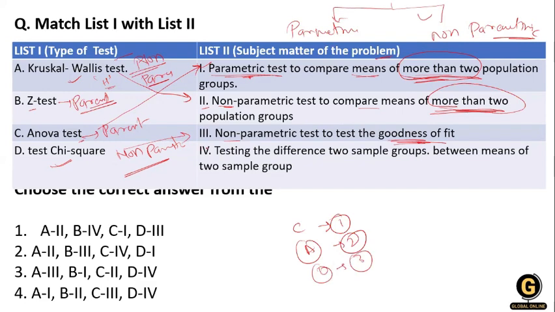The remaining one is the test for difference between two samples. The Z test is calculated for the difference between 2 samples, not more than 2, and the sample size is always greater than 30. So B is matched with 4. So A is 2, B is 4, C is 1 and D is 3.